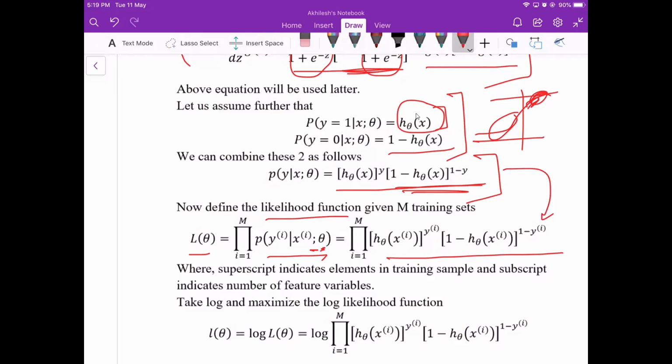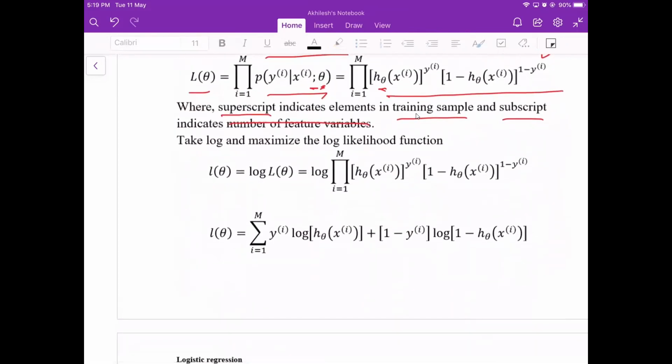The superscript i indicates the element in the training sample, and the subscript is theta, which, oh sorry, theta is not the feature variable, it is the constant, the coefficient of the feature variable, and it indicates the number of feature variables. Okay, let's proceed.